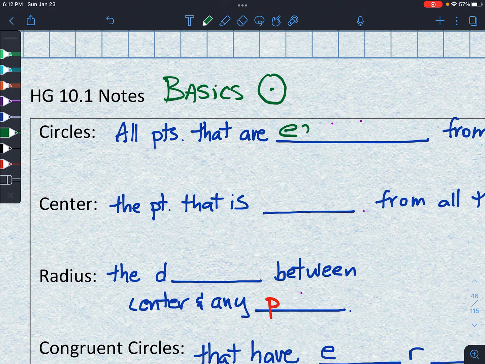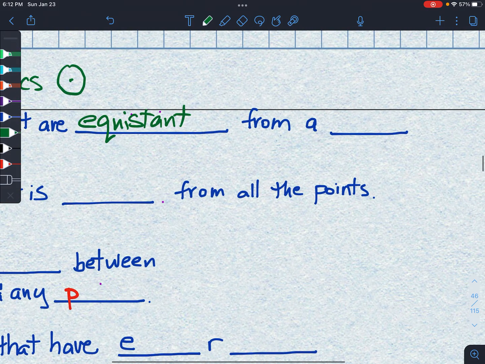All right. First of all, what is a circle? Kind of a weird definition. It is a collection of points that are equidistant from a particular point. All right?